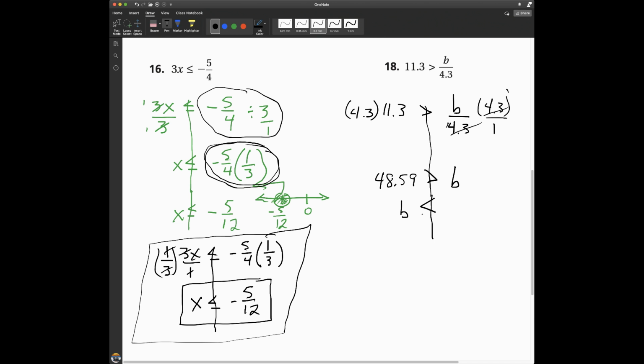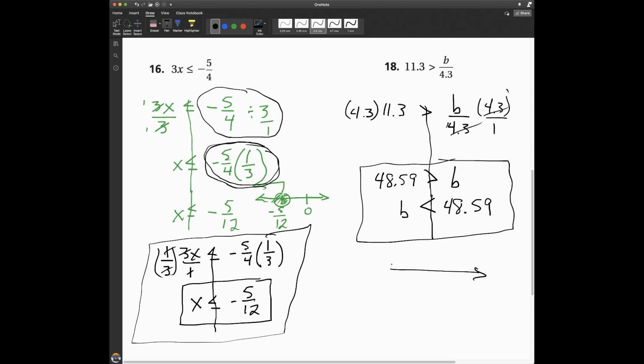So if I put the variable on the other side of the inequality, I also need to change the direction of it, so that the alligator's mouth is still open to eating the 48.59. Okay, so these inequalities are the same. 48.59 is greater than b, or b is less than 48.59.